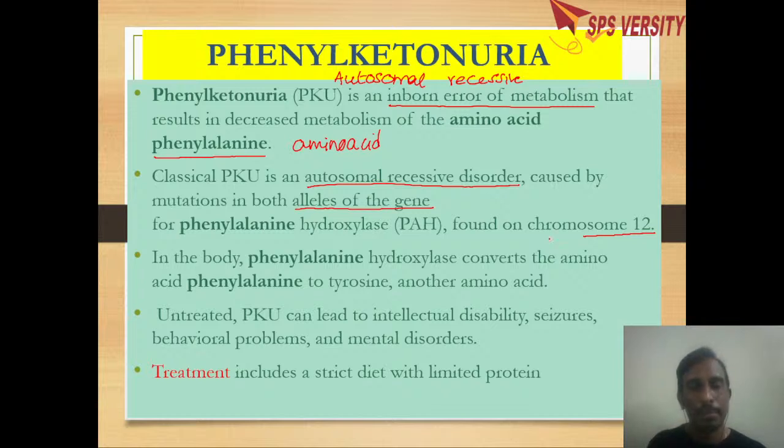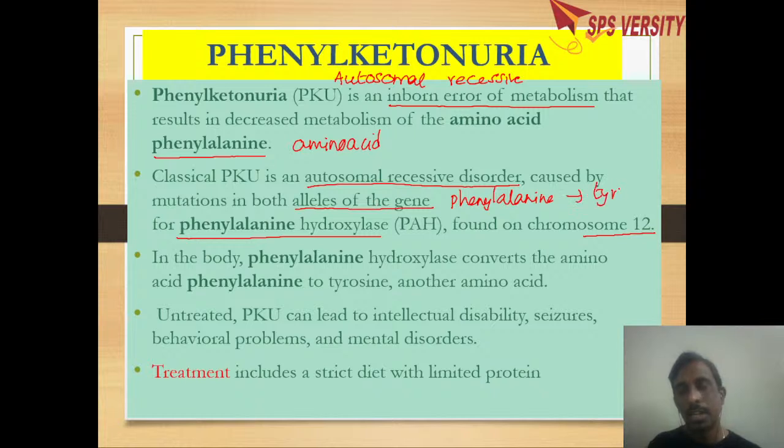In this disorder, due to mutation of both the alleles, the phenylalanine hydroxylase enzyme is not synthesized. What this phenylalanine hydroxylase will do is convert phenylalanine into another amino acid, that is tyrosine.